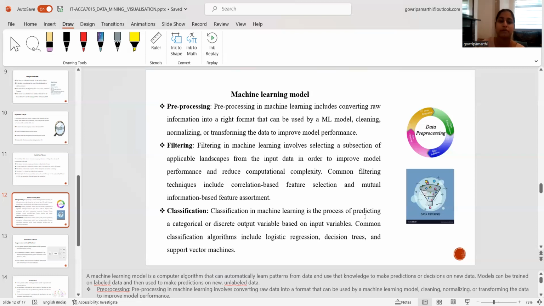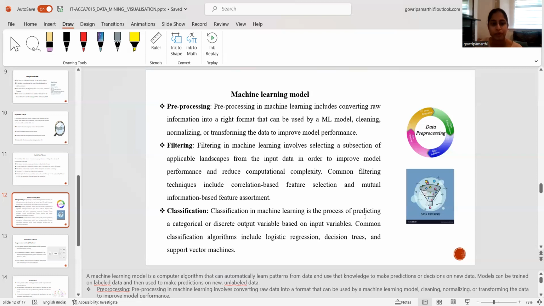So it will improve the performance of the model. Filtering. Filtering in machine learning involves the selection and sub-selection of the applicable features from the input data in order to improve the model performance. If the pre-processing is already done, the data will be separated. By using filtering, it also gives the applicable features of the input data in order to improve the model performance.